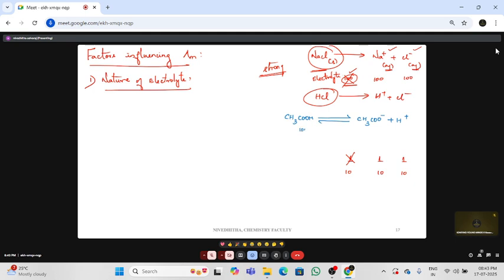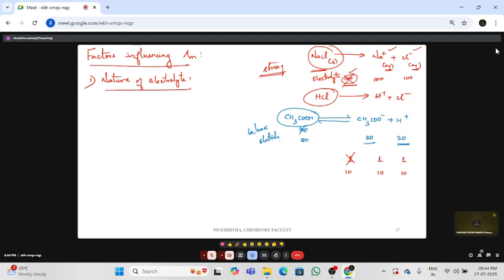If you add 100 molecules of acetic acid, only a few molecules will get dissociated. For example, if 20 molecules were dissociated, we can expect 20 CH3COO minus and 20 H plus, and we'll have 80 undissociated acetic acid molecules. So this also gives cations and anions inside the solution, so it is also an electrolyte, but here there is no complete dissociation. It is just partial dissociation, and this kind of electrolyte is called a weak electrolyte.